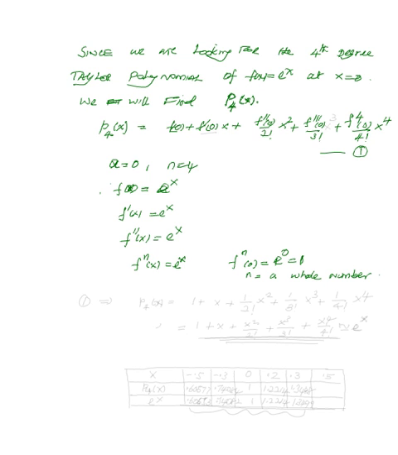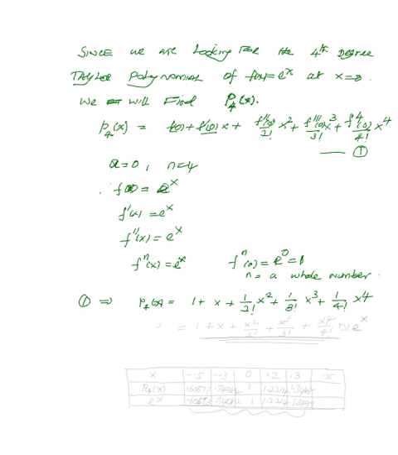If I substitute this into expression 1, I will have p4 of x equal to 1 plus f prime of 0, which is 1, so we have x, plus f double prime at 0, which is also 1, so 1 over factorial 2 x squared, plus 1 over factorial 3 x to the third power, plus 1 over factorial 4 x to the fourth power.